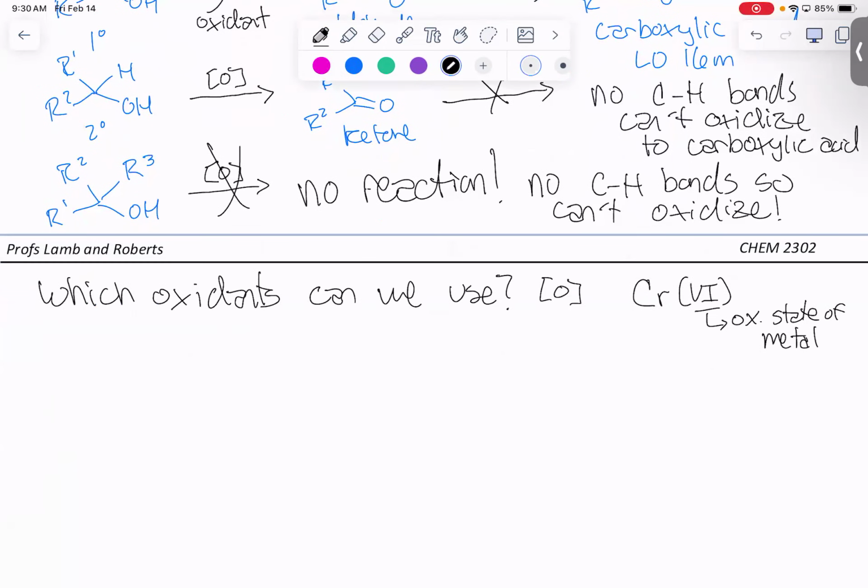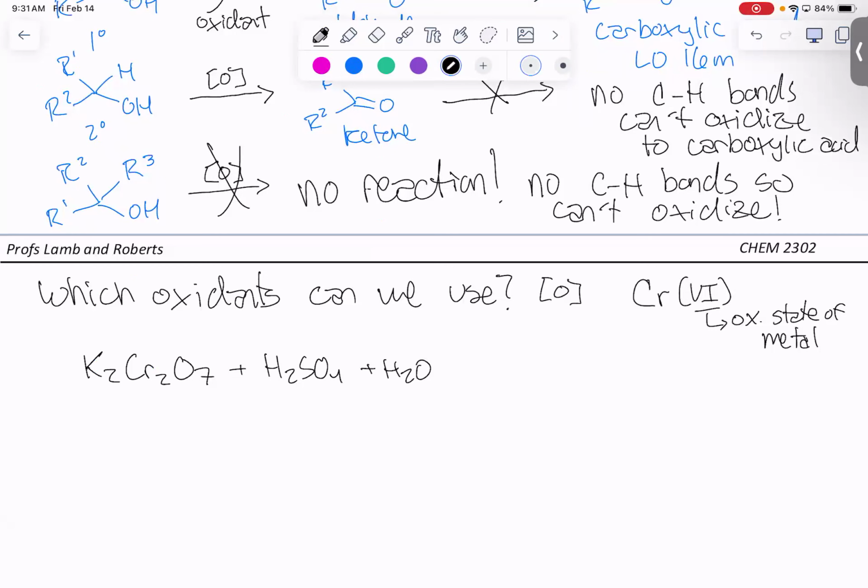So the reagents that we can use are going to be potassium dichromate, K2Cr2O7, plus a little bit of H2SO4, plus a little bit of water.